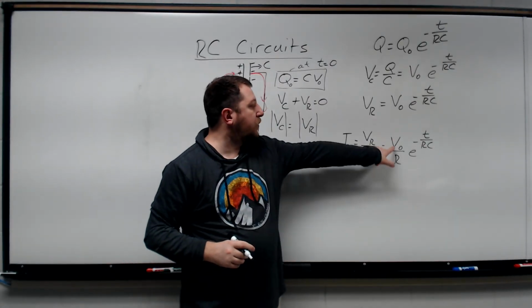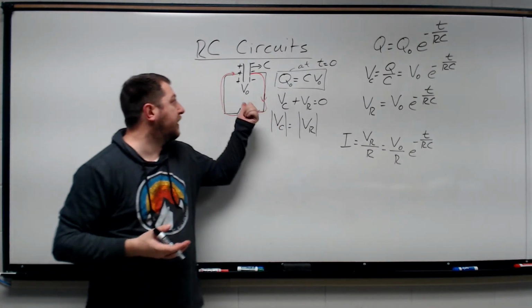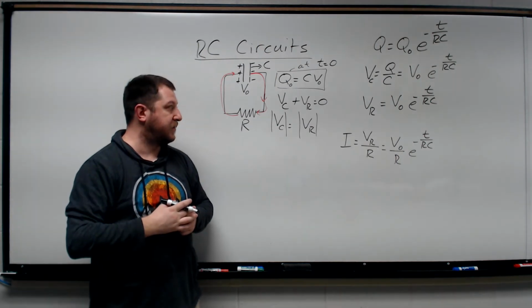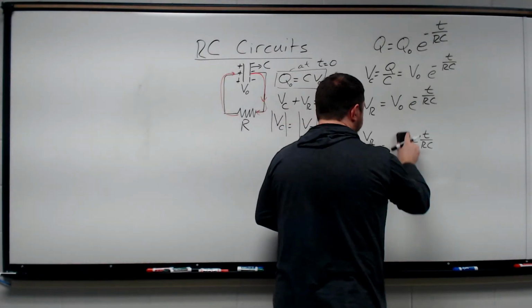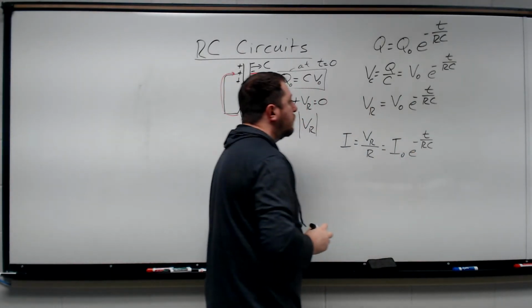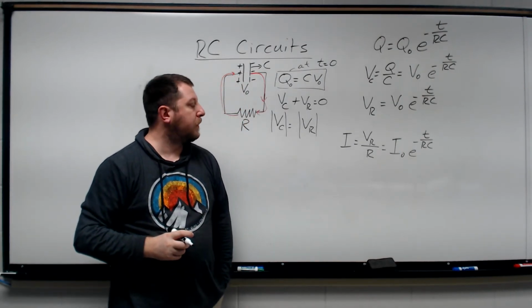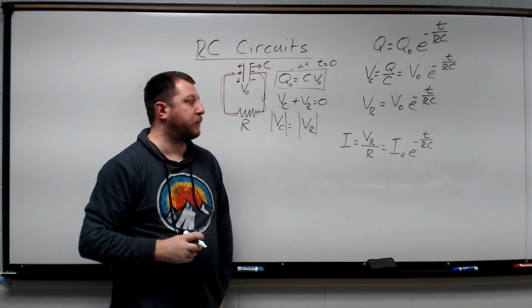But V naught over R is just the maximum current that the circuit could establish before the decay started. So V naught over R just represents the initial current in the system, right? So I is going to be equal to I naught times e to the negative t over RC.